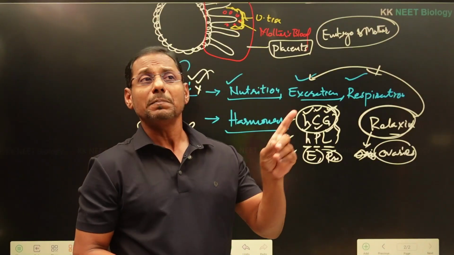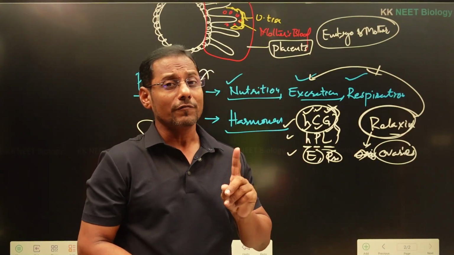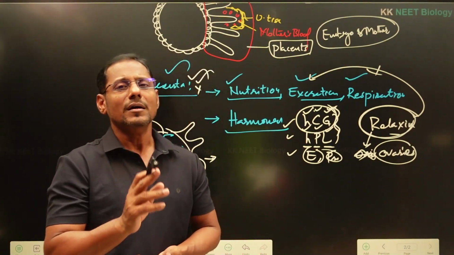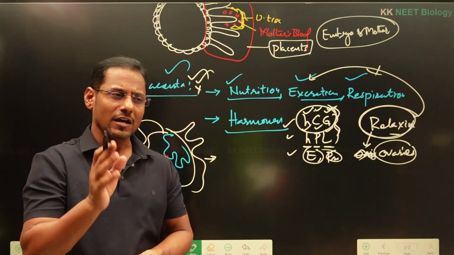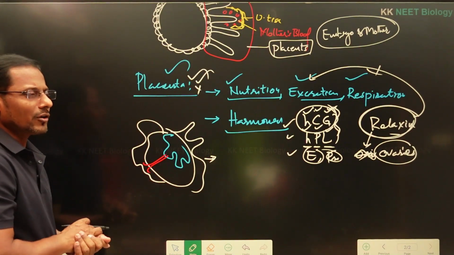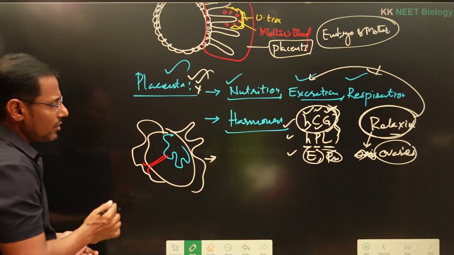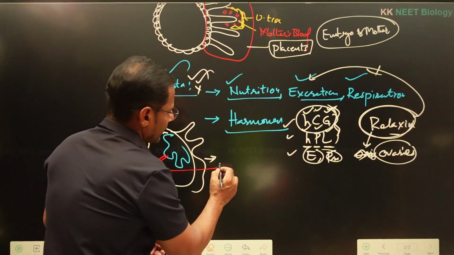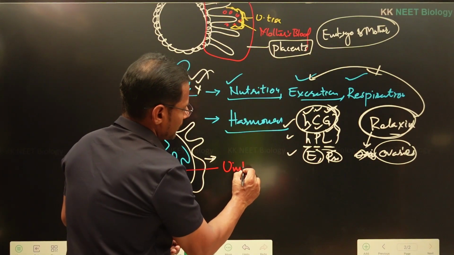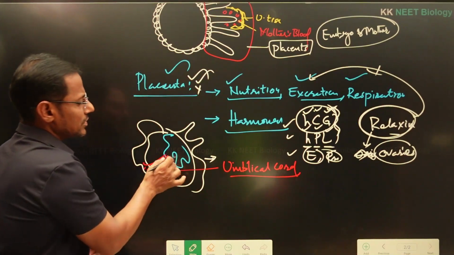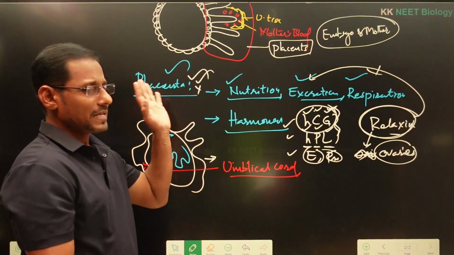We have come across the spermatic cord when we were discussing the male reproductive system. Here also there is a particular cord which connects the placenta with the embryo, called the umbilical cord. This is the umbilical cord connecting the embryo with the placenta.